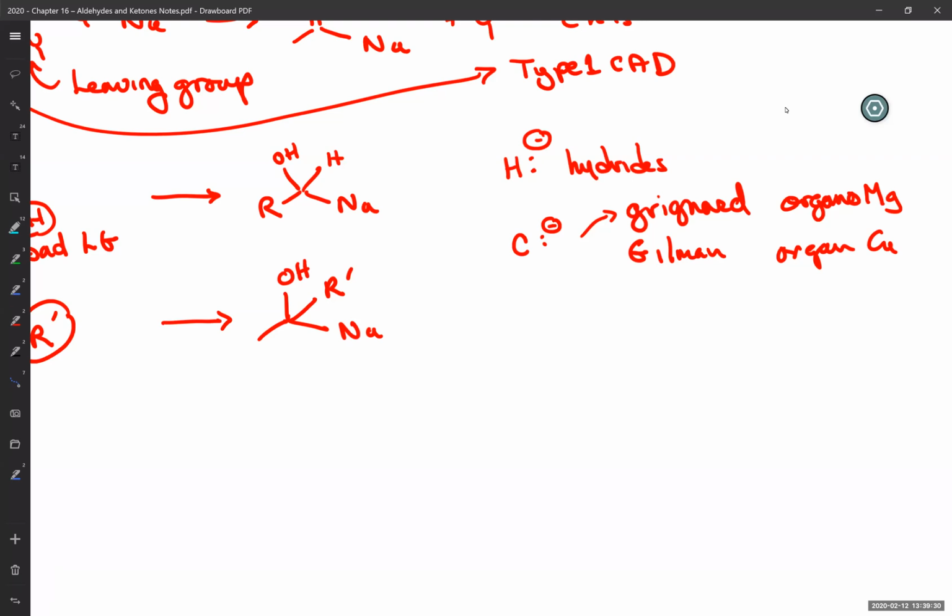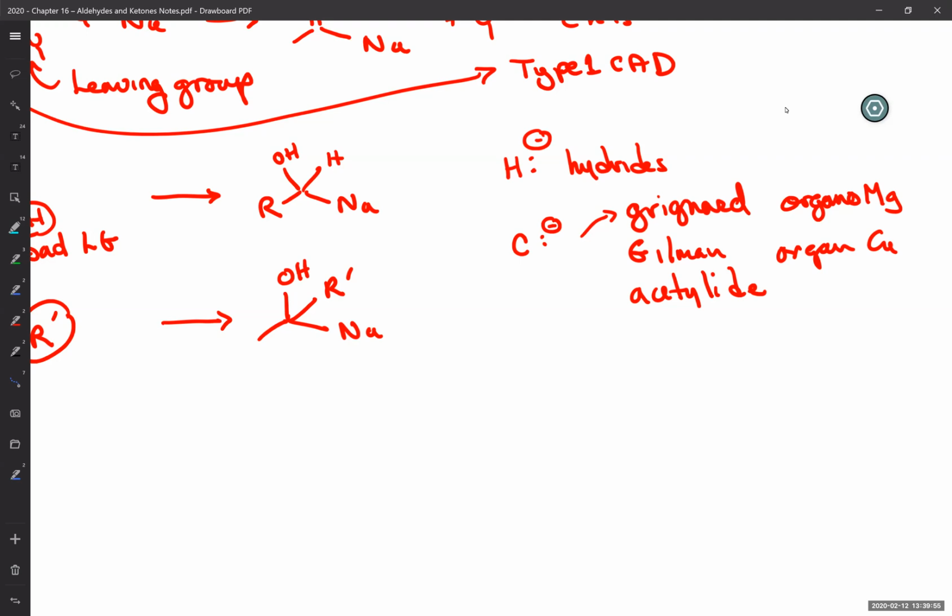And then we're also going to be looking at acetylide, like acetylenes, where you take the proton off and it acts as a nucleophile. These are all reagents that when they attach, they're very hard to kick off.